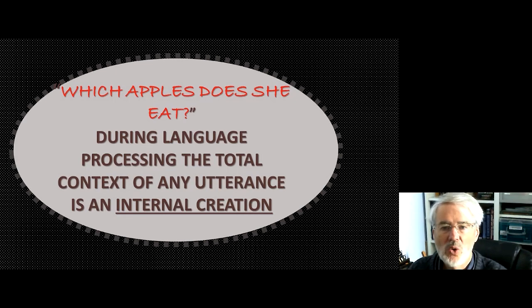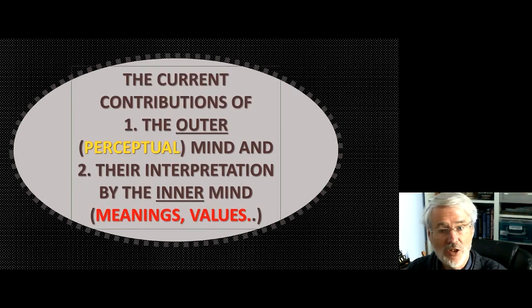So all the context, really, that we talk about when we talk about understanding a particular thing like which apples does she eat, depends on the representations you create in the various cognitive systems that you have in your mind. So context is an internal creation, no matter whether it refers to the external world or not.